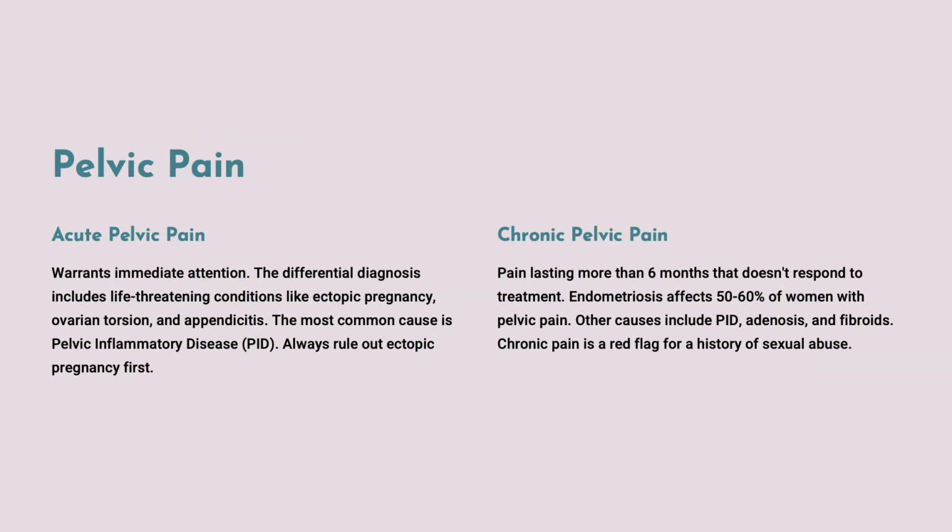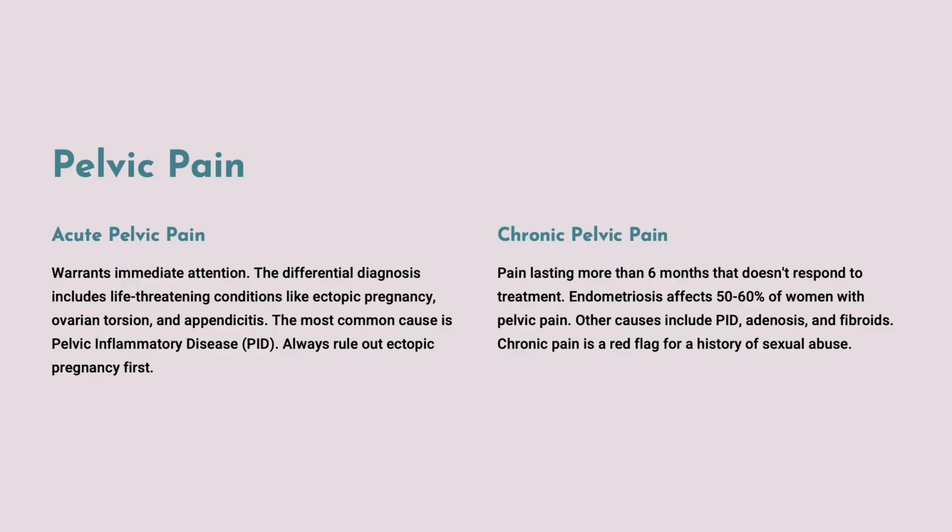So when the woman complains of pelvic pain, we could differentiate it between acute pelvic pain and chronic pelvic pain. A pelvic pain of sudden onset that is extreme in nature could be acute pelvic pain. Differentials there include life-threatening conditions such as ectopic pregnancy, which means the fetus is located outside of the uterus, ovarian torsion, meaning the blood supply to the ovaries is being cut off because of twisting or torsion, or it could also be appendicitis.